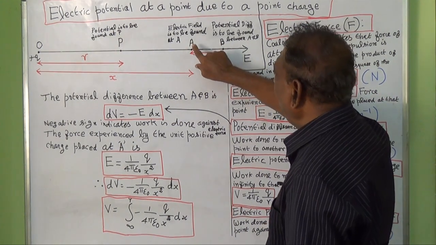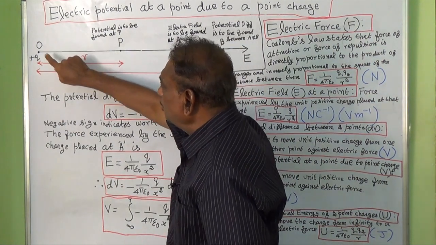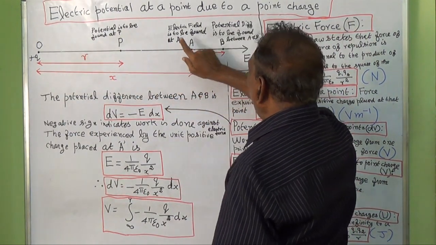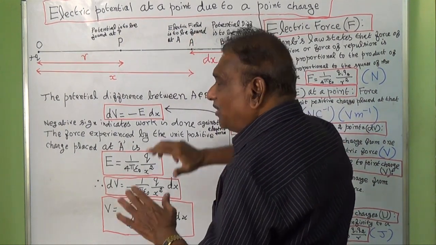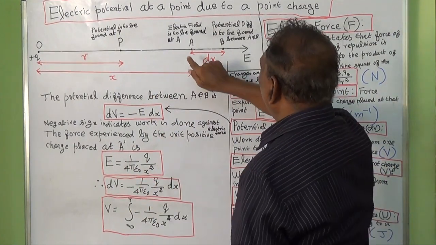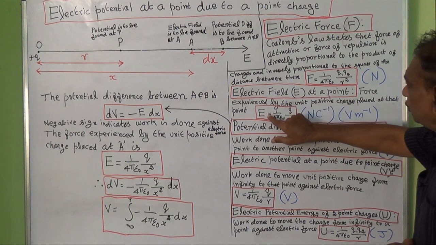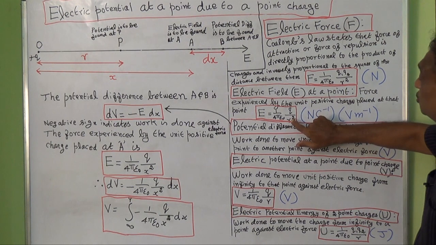At the point A, the unit positive charge is placed. This plus Q charge will exert a force on the unit positive charge placed at A. Thereby, we get the electric field at the point A, capital E equal to 1 by 4 pi epsilon naught Q by R square.